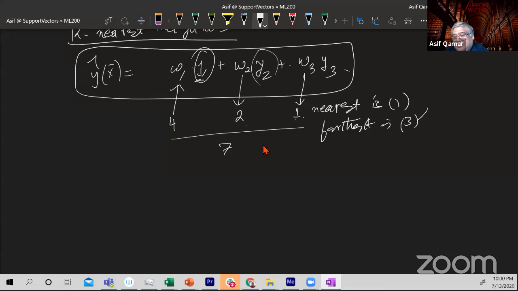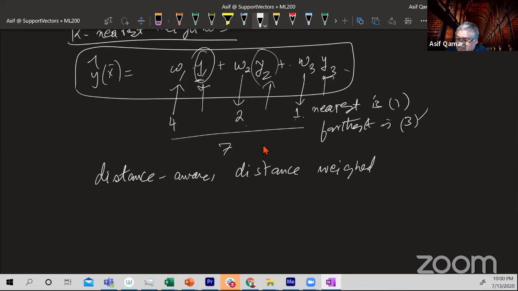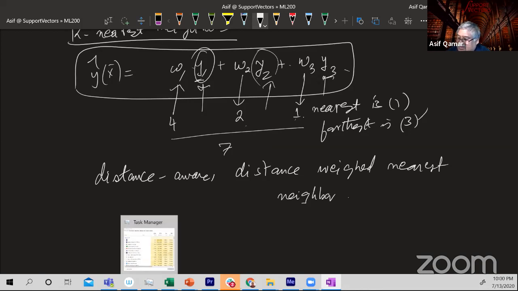But at the same time, you're not only looking at this guy's weight, you're looking at other people's weight also. So when you do that, you're doing a distance-aware or distance-weighted k nearest neighbor.